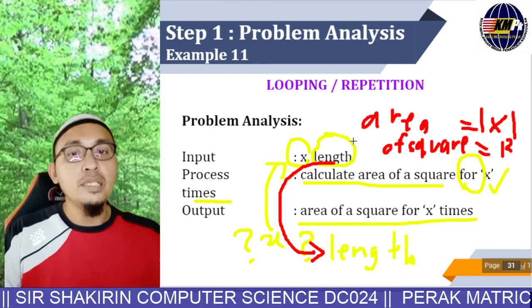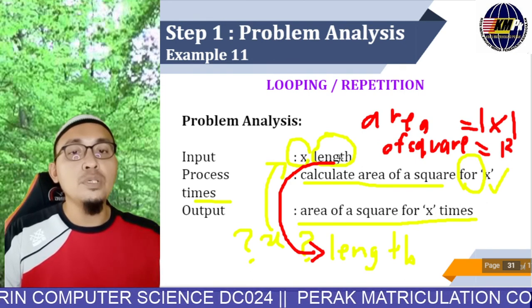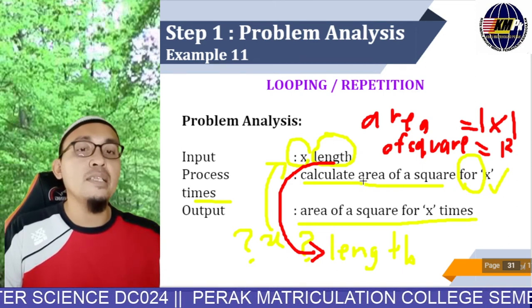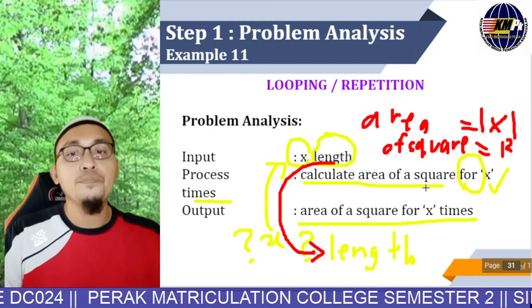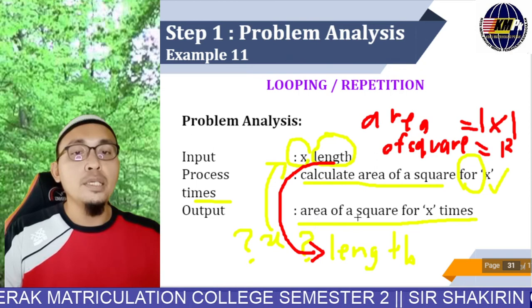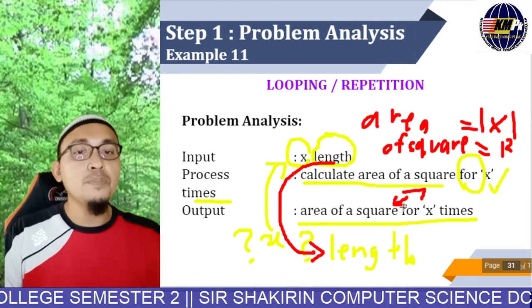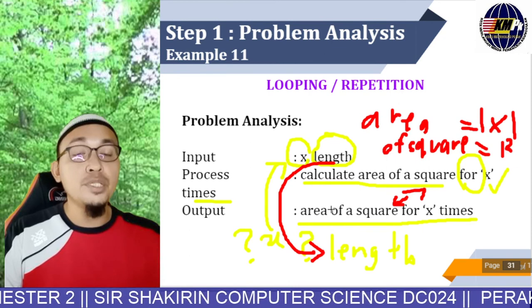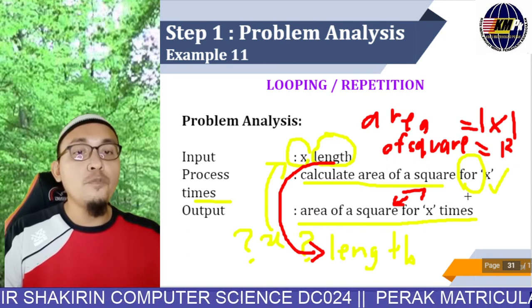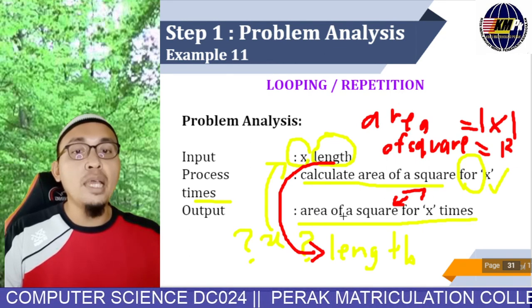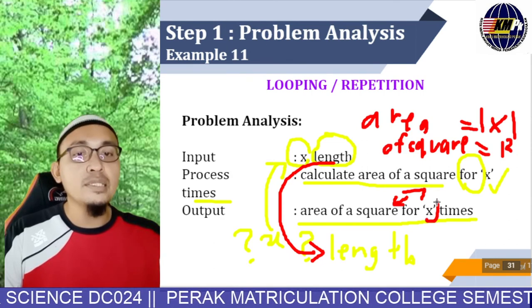This L needs to be input here to ensure the process can calculate area of a square. And the output refers to what is going to be processed here. It must be consistent, like I mentioned before. The area of square for x is going to be output as area of square for x times.